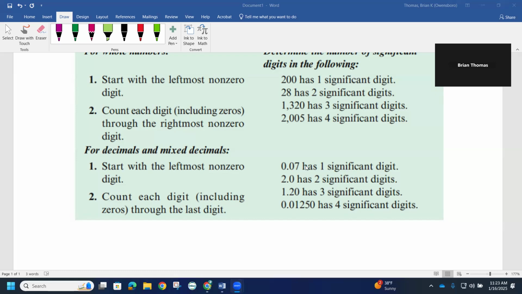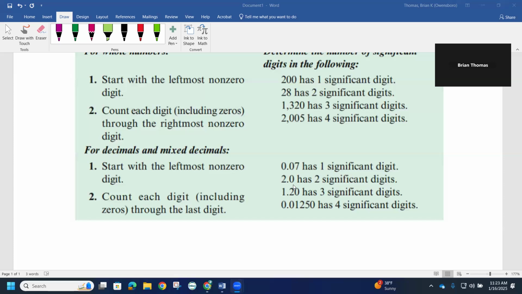If I look at this problem right here, the leftmost non-zero number is the 7. If I go to the right, there aren't any numbers to the right. So 7 is the furthest left non-zero digit, and then there aren't any digits to the right, so there's only one significant digit.